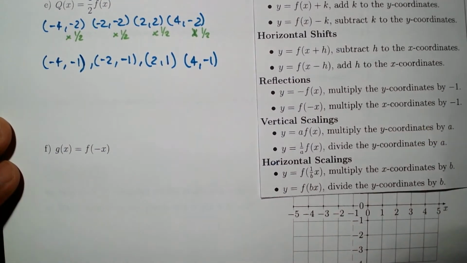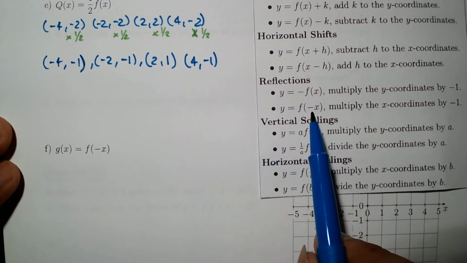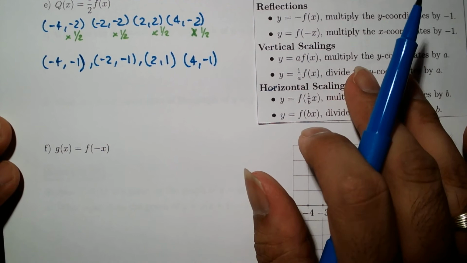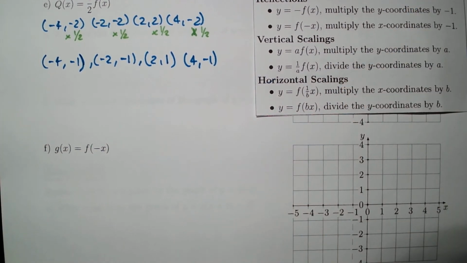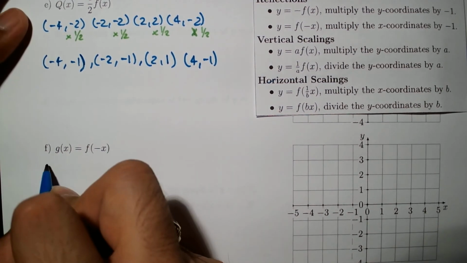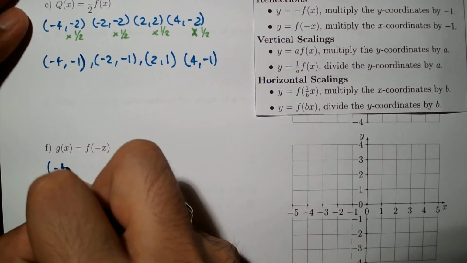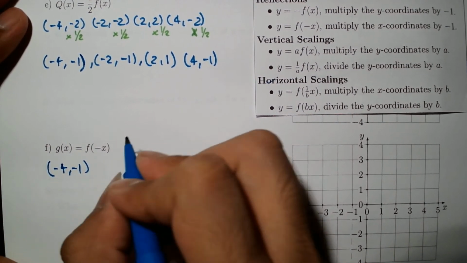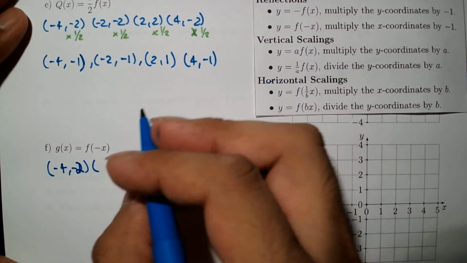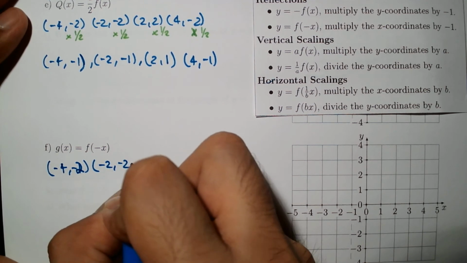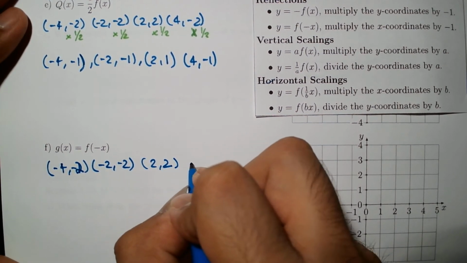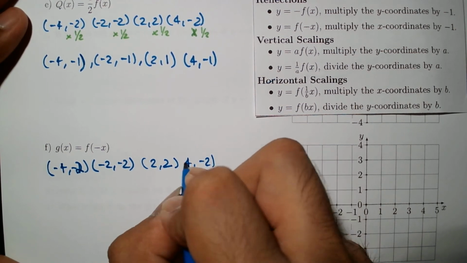So let's look at f of -x, which is to multiply the x coordinates by -1. So in this case, we are going to have a reversed graph. First of all, (-4, -2), (-2, -2), (2, 2), (4, -2).